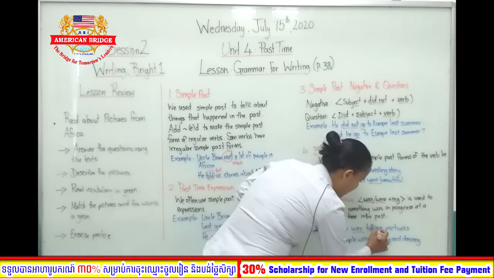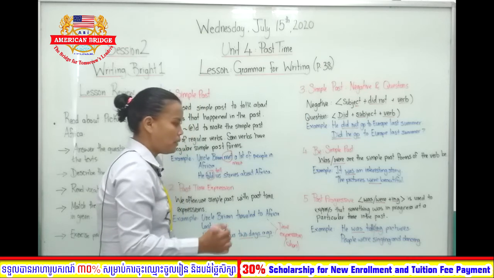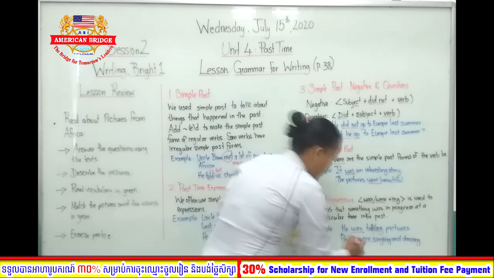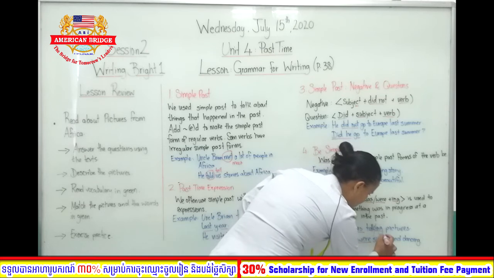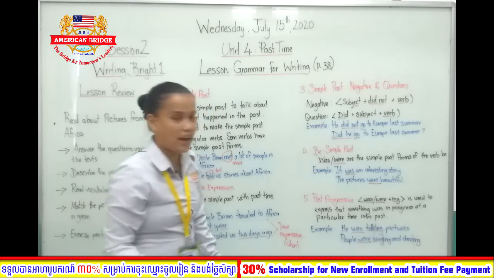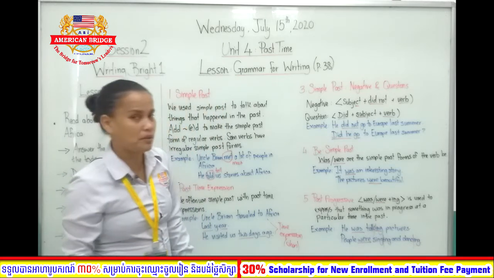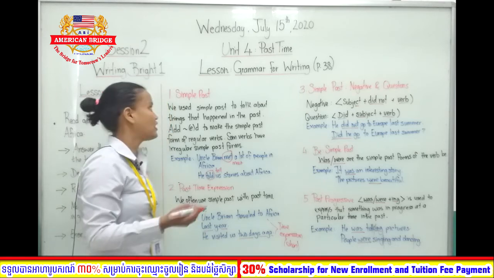So we have talk and then we add ing, right? Because it's a was or were, right? People were singing and dancing. So we have was, we have sing, and we have dance. Without an e, we add ing instead, okay? Because otherwise it doesn't become dancing anymore.